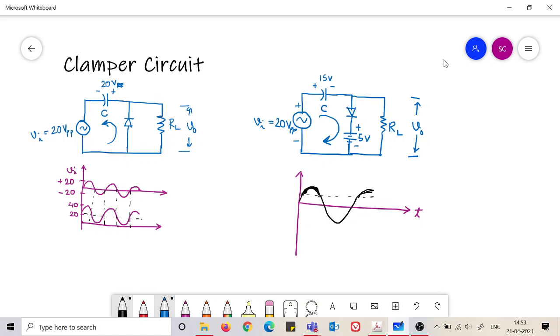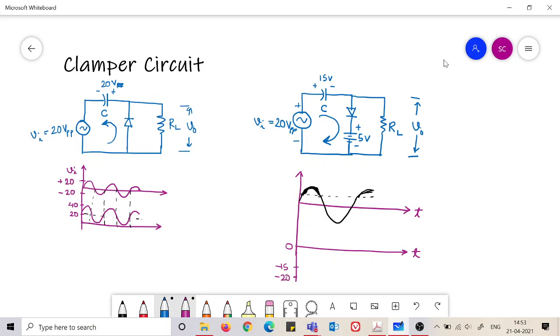Whatever Vi is, that would be replicated at V0, but it would be clamped to a level of minus 15 volts. So this level of 0, which was there on the input side, now goes to minus 15 on the output side. This is 0, this is suppose minus 15, this is minus 20.